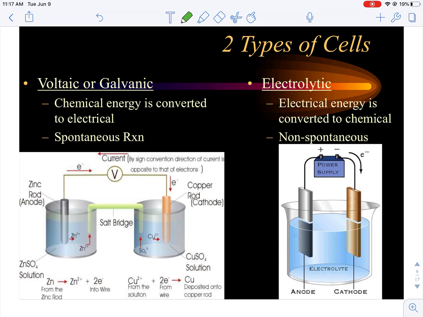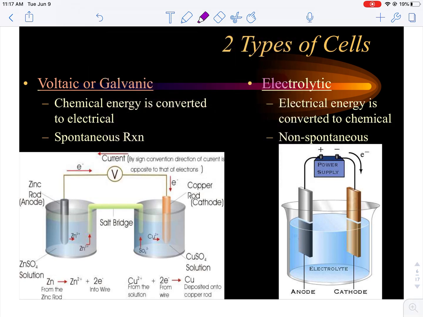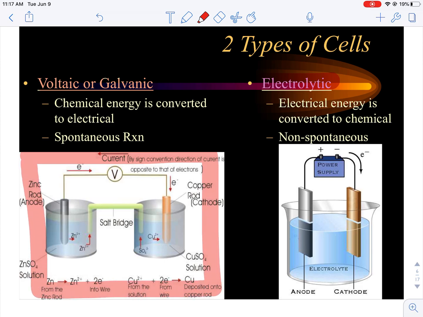The two types of electrochemical cells are, as I just mentioned a moment ago, voltaic or galvanic, and the second one is the electrolytic. Let's look at their pictures for a second. Notice in the voltaic or galvanic cell, what we're doing here is we have two beakers.